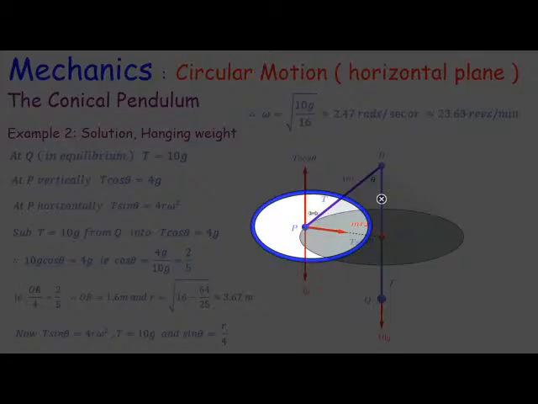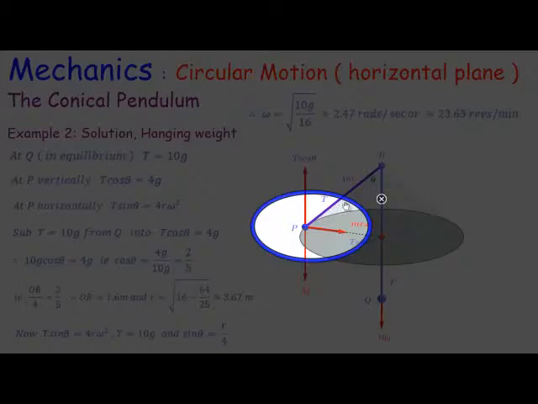Theta is actually in here. So I'll get the little pointer to point in here. This is theta. Why would that be theta? Well, the cone's axis and T cos theta are both vertical, hence parallel, and hence that is what they call the alternate angle theta in there.